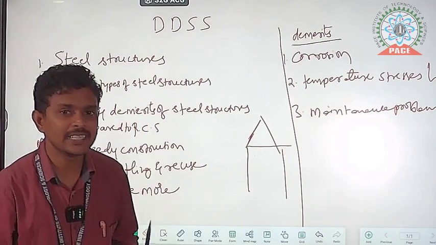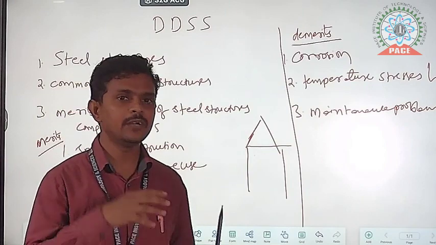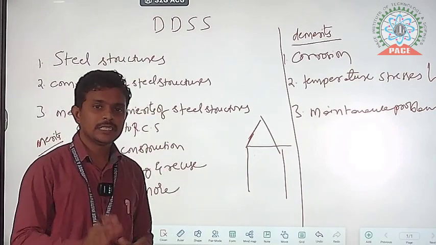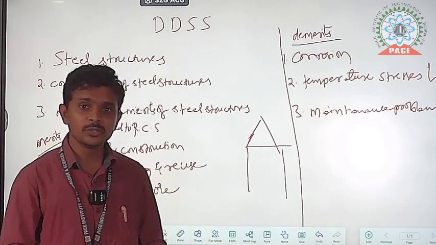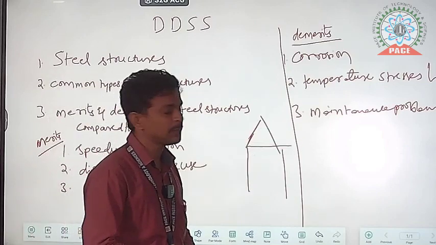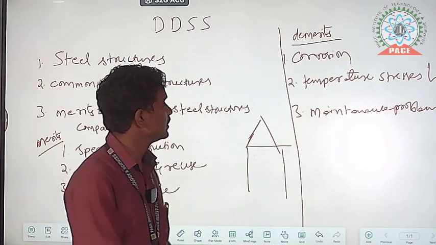So we have to continuously check the structure. If any joints get loose, immediately we have to tighten the joints. So maintenance problems will also happen, and we have to continuously check our structure. These are generally the advantages and disadvantages of steel structures.